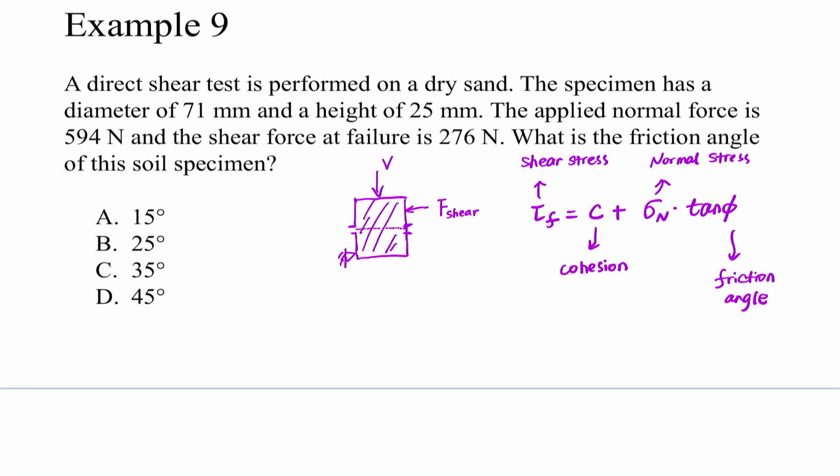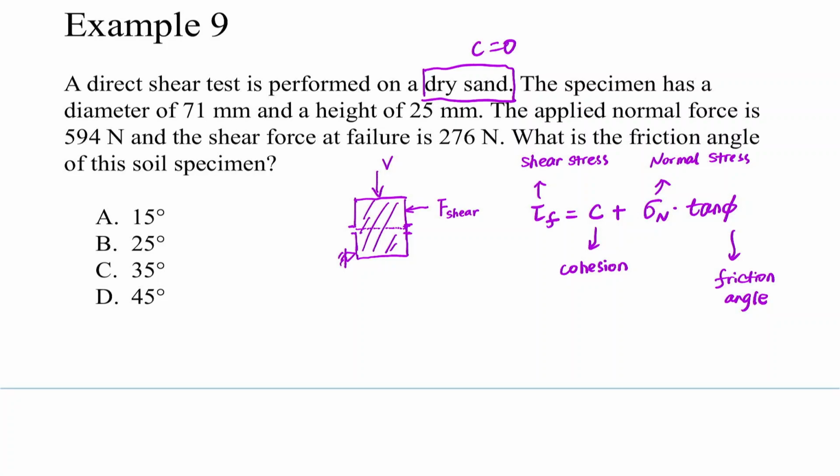So for this one, cohesion is easy because whenever you see dry sand, you can pretty much consider the cohesion is 0. Dry sand lacks fine contents and does not have water inside, so the particles basically have no cohesion.